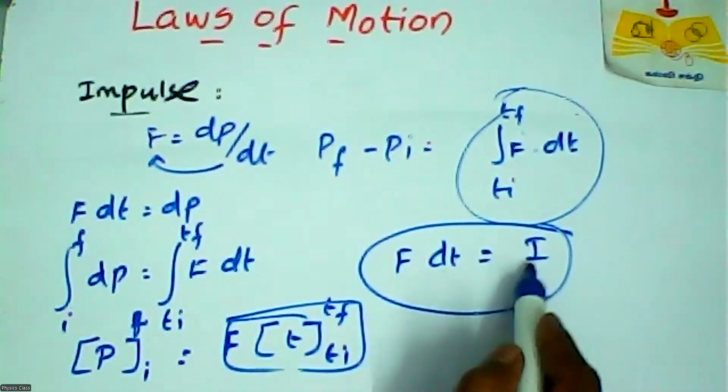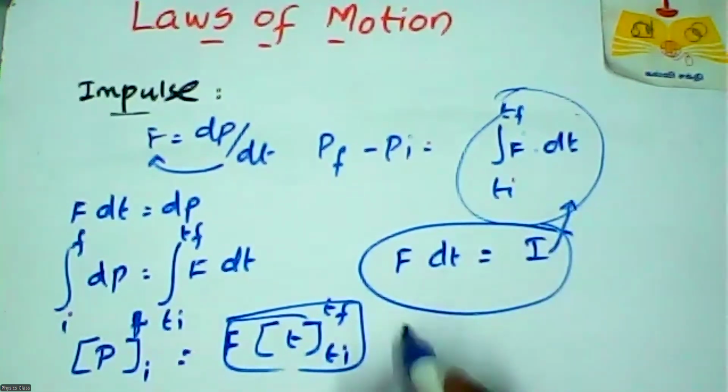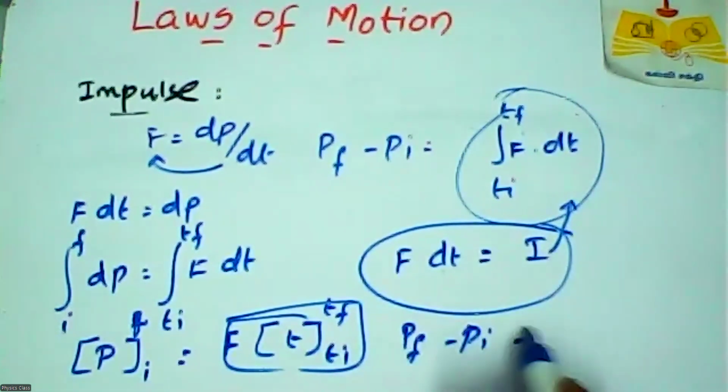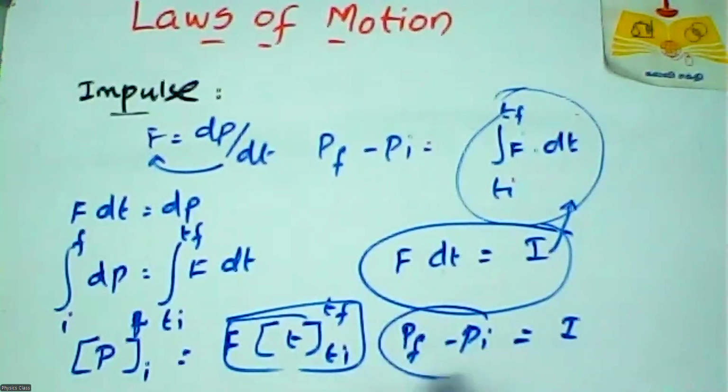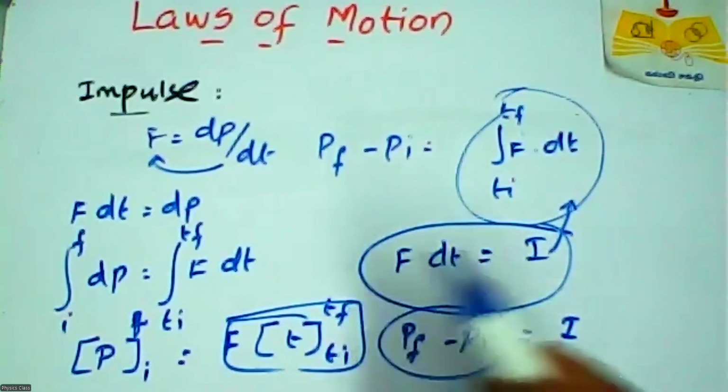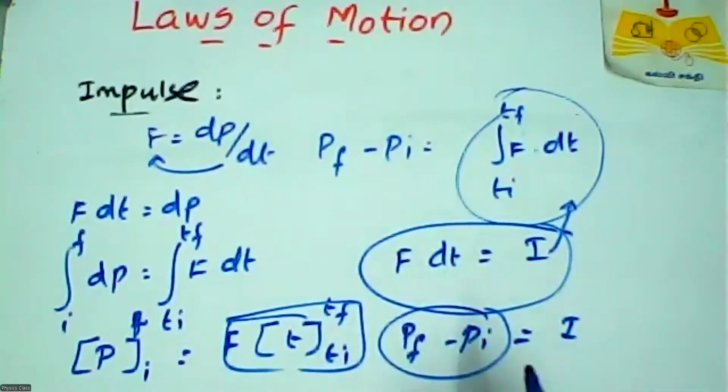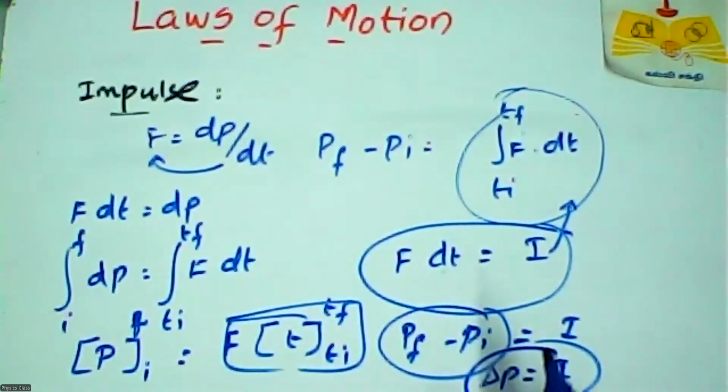So you can put I here. Pf minus Pi means change in momentum, final minus initial. So del P equals I. What does that mean? Change in momentum is equal to impulse.